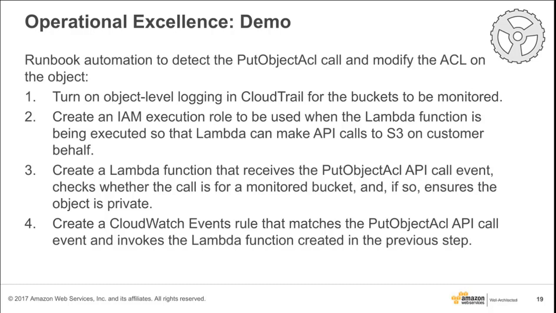Then you'd create a Lambda function that receives the API call event, checks to see whether or not the monitored bucket configuration is correct, and if need be, ensure that the object within the bucket is private. You'd also want to create the CloudWatch event rule that matches the put object ACL API call event, and it invokes the Lambda function when invoked.